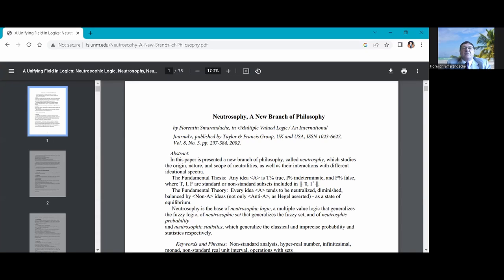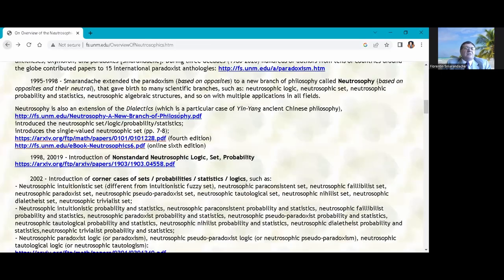The journal was called Multiple Valued Logic, an international journal, and volume 8, number 3 from 2002 was dedicated entirely to neutrosophy, neutrosophic set, neutrosophic logic, and neutrosophic probability. It is also included in the prestigious Cornell University arXiv archive of preprints in the United States.